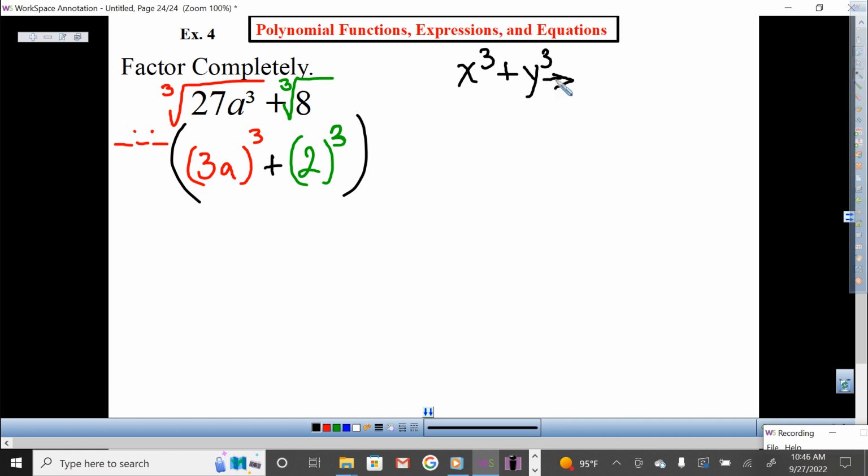Tell your neighbor without looking at your notes the 2 factors that becomes. What are our 2 factors? William's got this. Go, William. Parentheses. Without looking at your notes. There you go. x plus y.